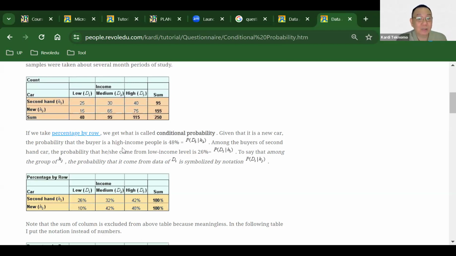This represents conditional probability. So given that it is a new car, for example, what is the probability that the buyer is actually from high income? That one is 48.